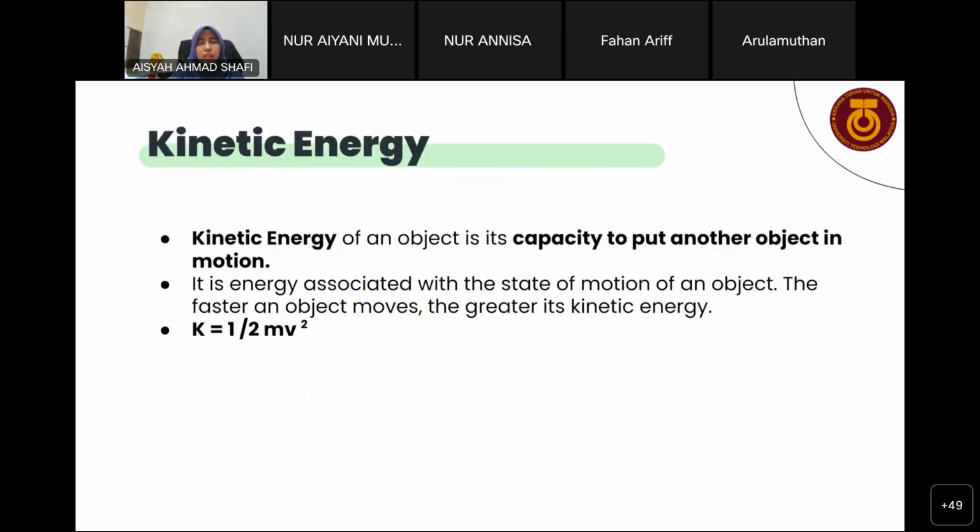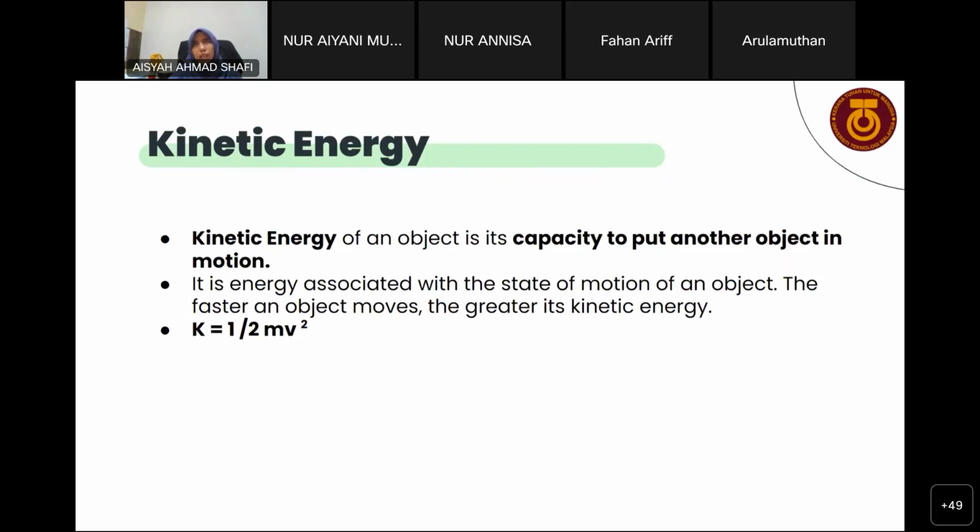Okay, so one of the important energies is kinetic energy. Kinetic energy is the capacity to put another object in motion. It is energy associated with the state of motion of an object. So the faster an object moves, the greater its kinetic energy.